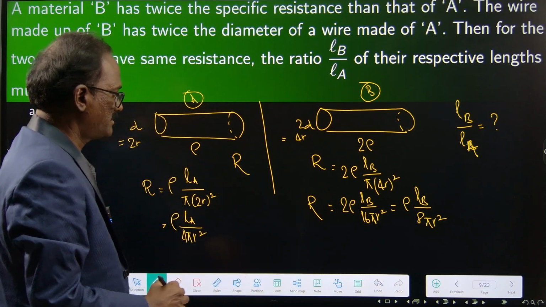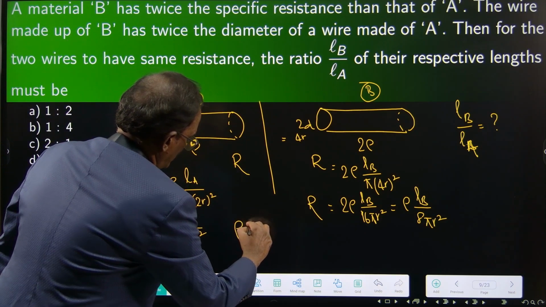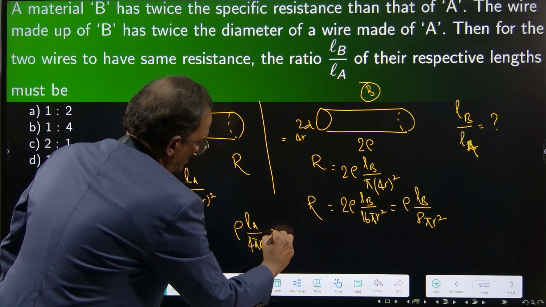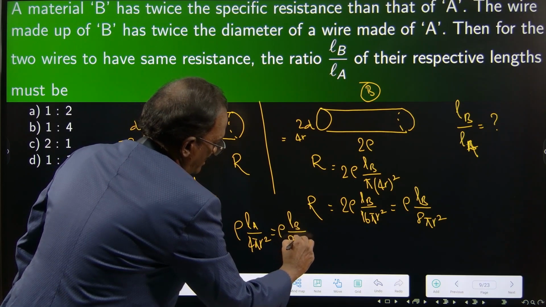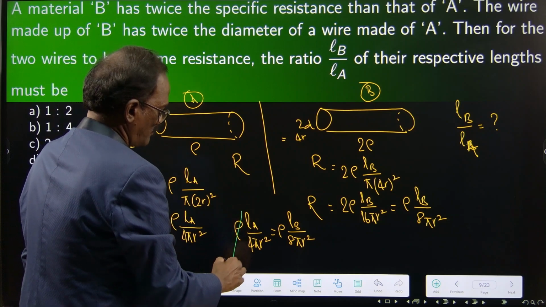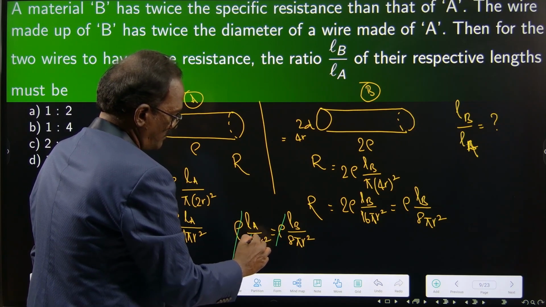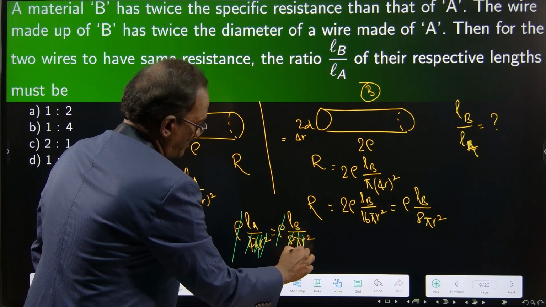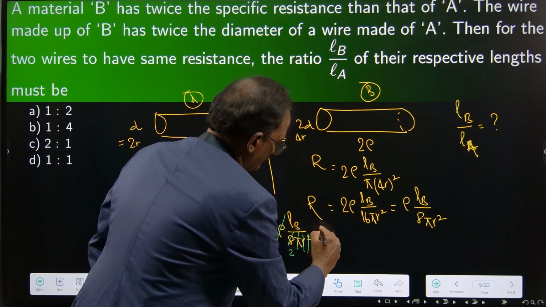In both the cases, R is same, right? So this means rho LA by 4 pi R square is equal to rho LB by 8 pi R square. Rho cancels, pi R square cancels. So LA is equal to LB by 2.